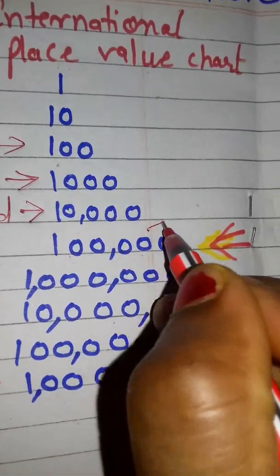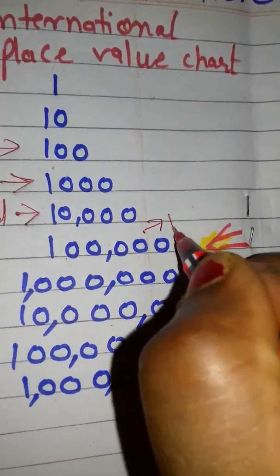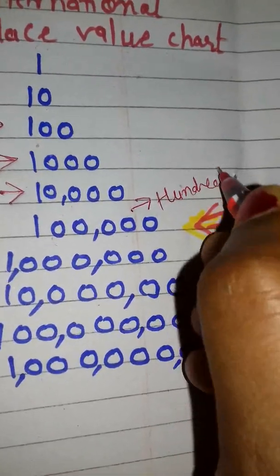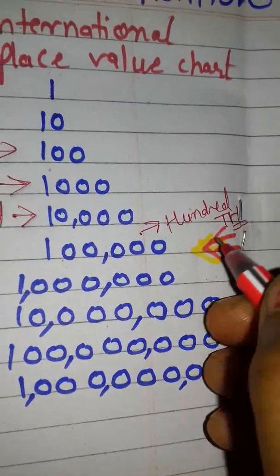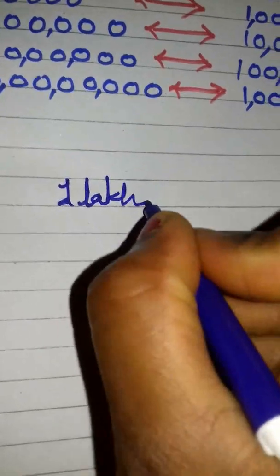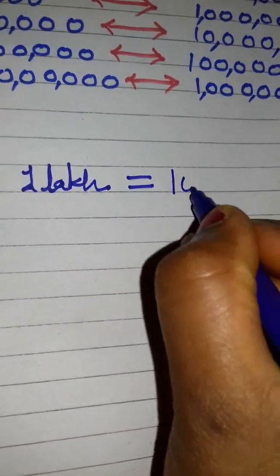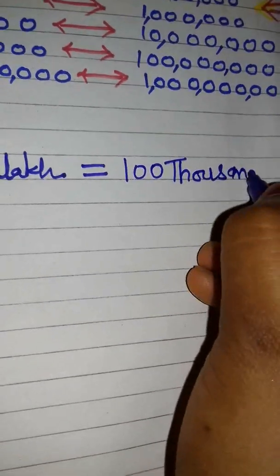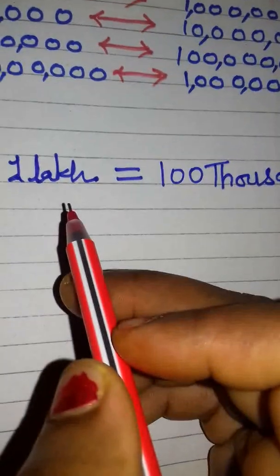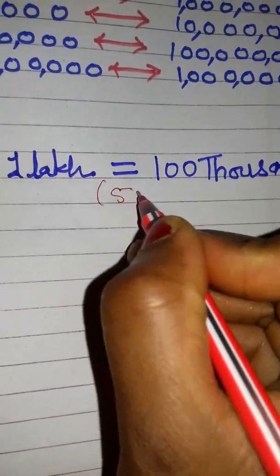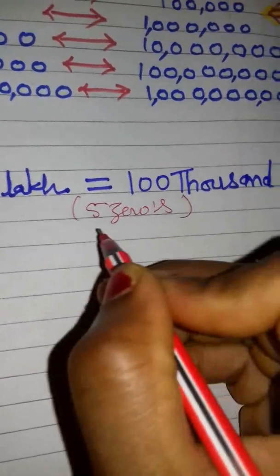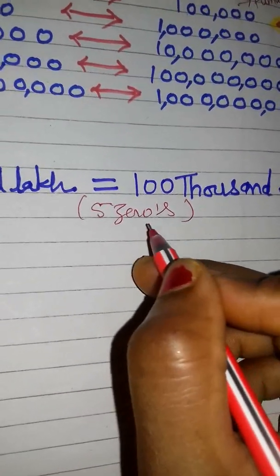So here we will read this not as lakh, we will read it as 100,000. So students, here we can say 1 lakh means 100,000. Understood? And in 1 lakh how many zero are there? 5 zeros. It means in 100,000 there are 5 zeros.